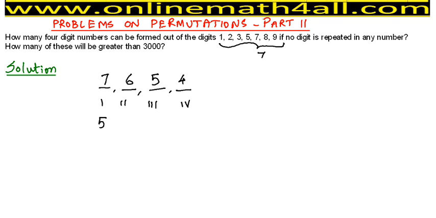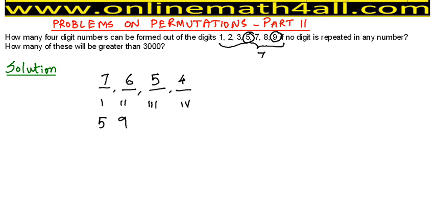Again the same digit 5 cannot be used in the second blank or the third blank or the fourth blank. So except the 5, the remaining 6 digits, that is 1, 2, 3, 7, 8, 9, can be considered for the second blank. I assume 9 is fixed in the second blank.